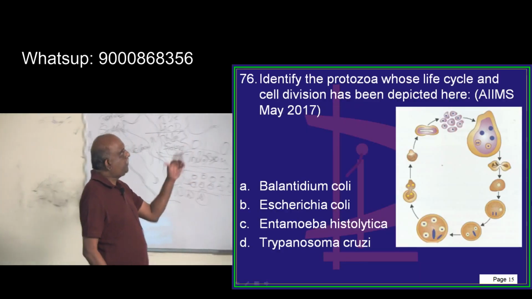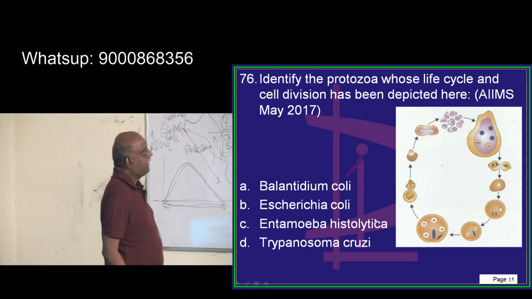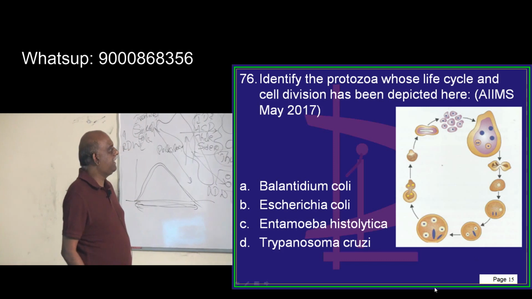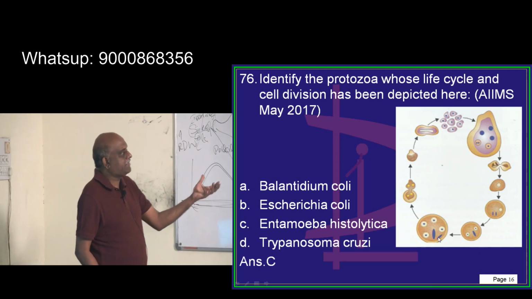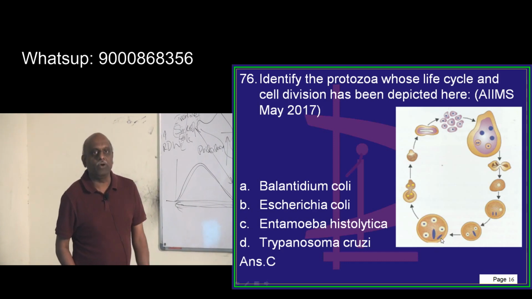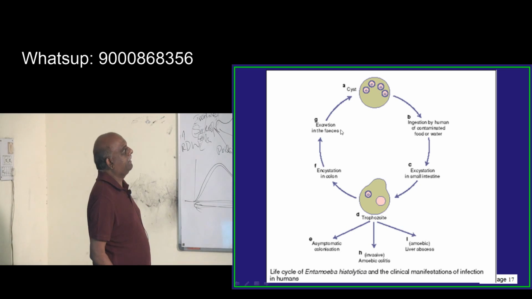Which is this protozoa whose life cycle has been shown to you classically in this given illustration? It is the Entamoeba. Tetranucleate cyst is a very important clue for you to recognize. It is Entamoeba histolytica.